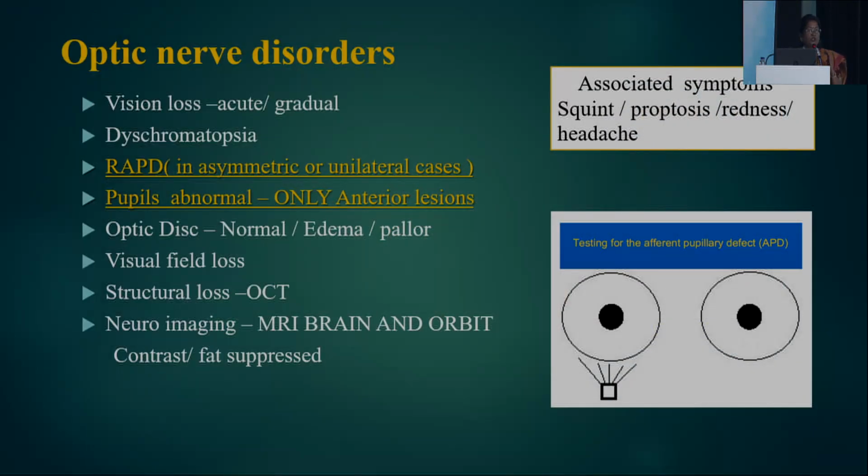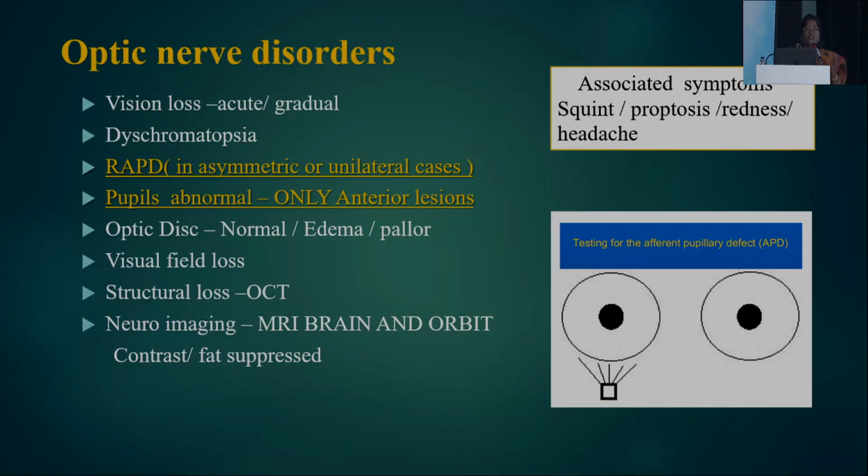So optic neuropathies. If you're going to get a patient with vision loss, first of all ask what the nature of the vision loss is. Is it acute? If it's acute, is it painful or painless? If it is gradual, is it a painless gradual drop in vision? Because this is all going to give a clue for what type of etiology you're going to see behind that optic nerve.